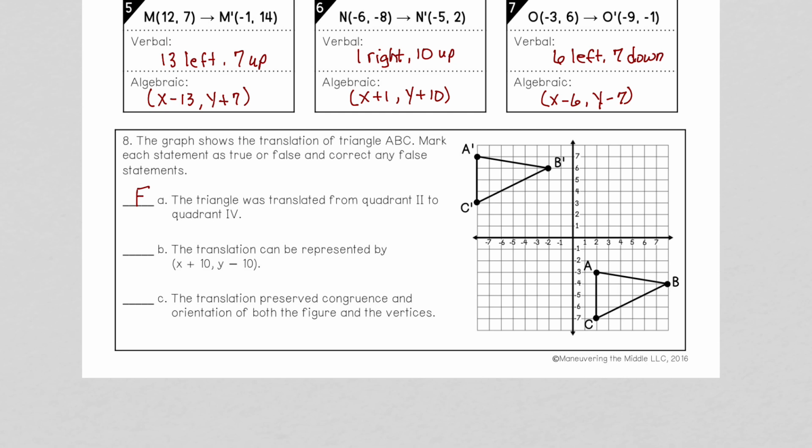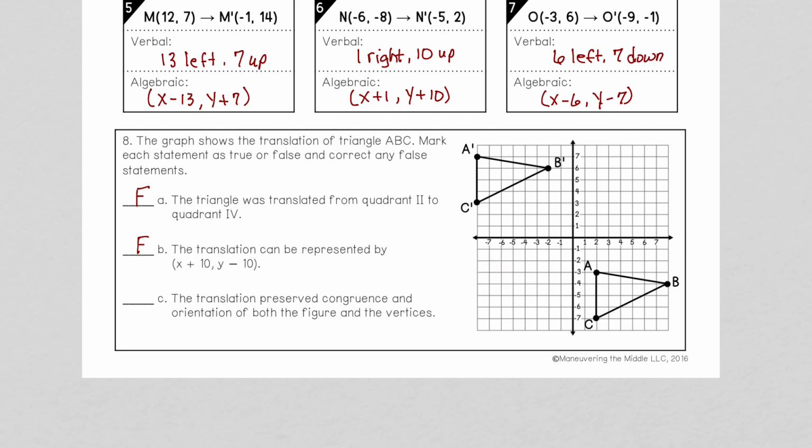B says the translation can be represented by x plus 10, y minus 10. That is false. Let's take a look. If you deal with A, you see it goes 1, 2, 3, 4, 5, 6, 7, 8, 9, 10.